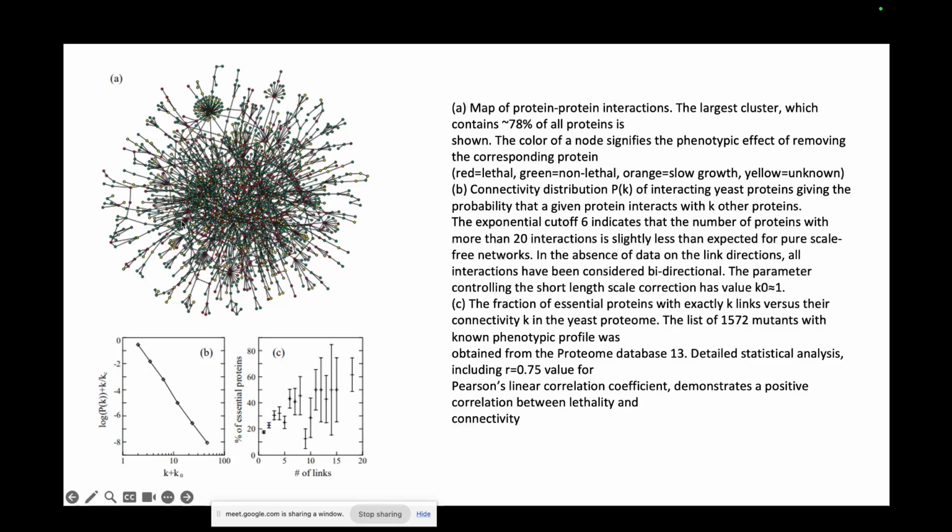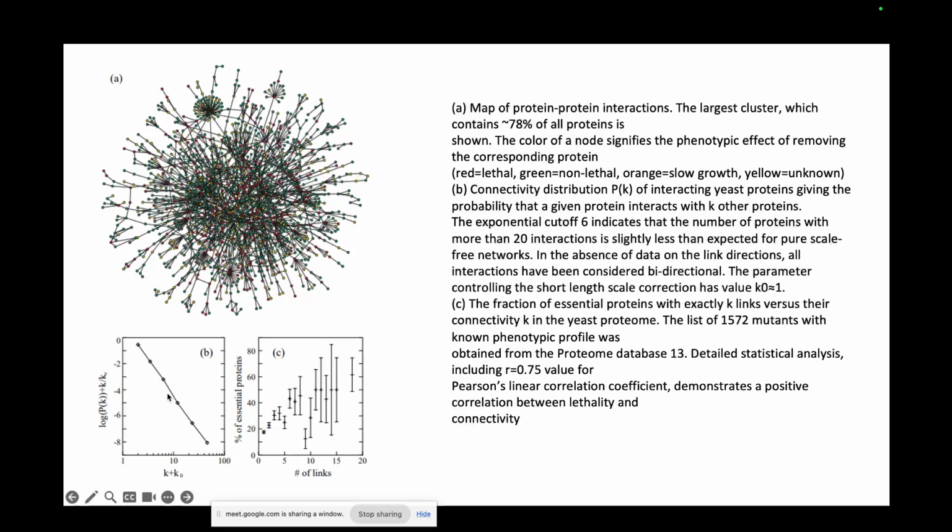And this is a connectivity distribution showing the interacting yeast proteins, giving the probability that a given protein interacts with k other proteins. The exponential cutoff indicates that the number of proteins with more than 20 interactions is slightly less than expected for pure scale free networks. In the absence of data on link directions, all interactions have been considered as bidirectional.